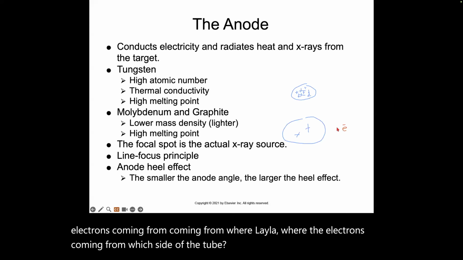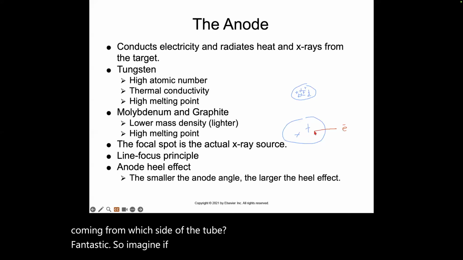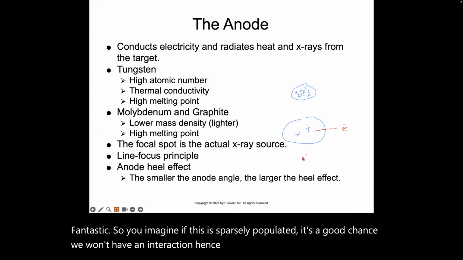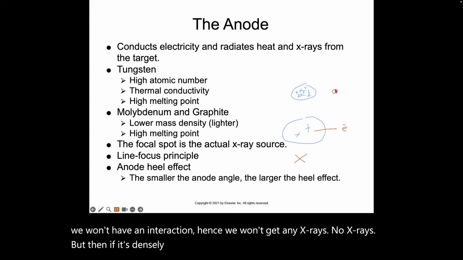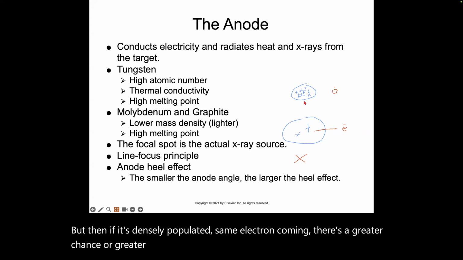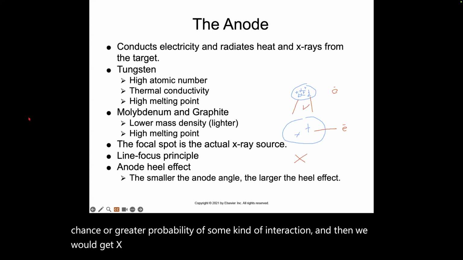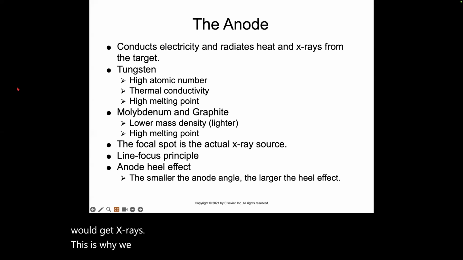The cathode? Fantastic. So imagine if this is sparsely populated, there's a good chance we won't have any interaction. Hence, we won't get any X-rays. But then if it's densely populated, same electron coming, there's a greater probability of some kind of interaction, and then we would get X-rays. This is why we prefer tungsten as a material for the anode.